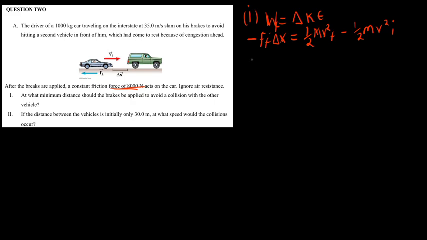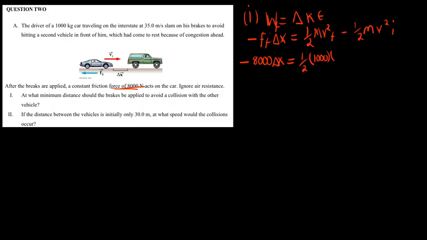So what do you do next? Remember that the force that was used was friction, so it will be 8,000 times d, that is the change in displacement, equal to one half times the mass of the car. What was the mass of the car? The mass of the car was 1000. And what is the final velocity? The final velocity, we don't have. Why?